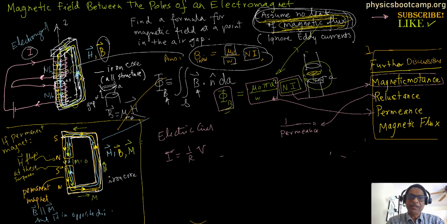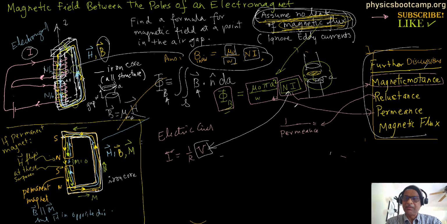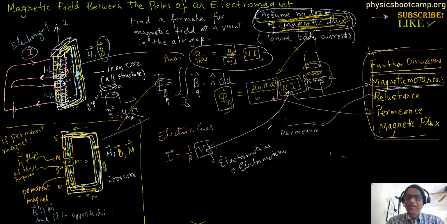So we create an analogy between this language and the electric circuit language, where we say voltage is like magnetomotance, which is sometimes called EMF, electromotive force. Sometimes it's called electromotance, in analogy, having similar types of words. And this reluctance is like the resistance.